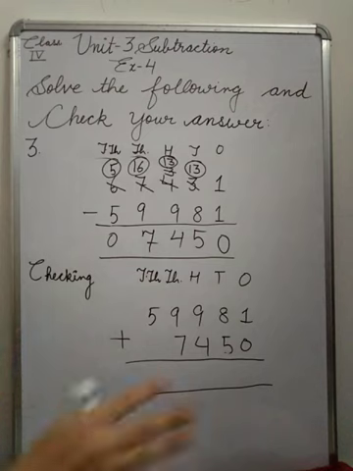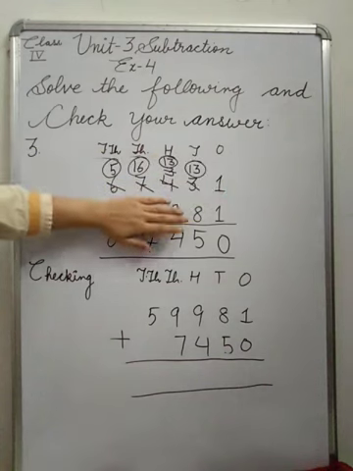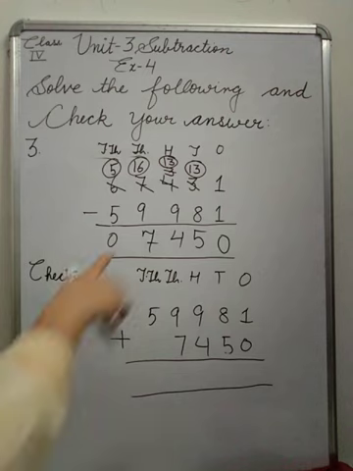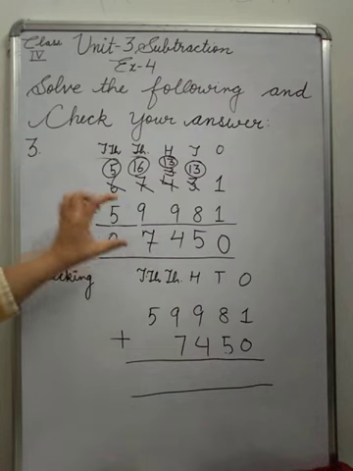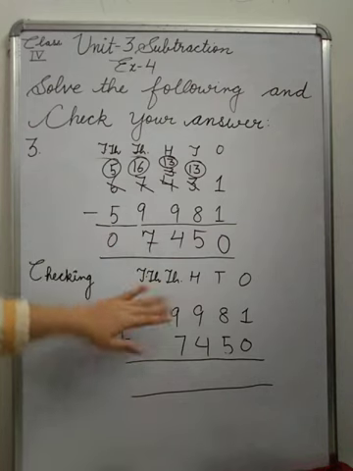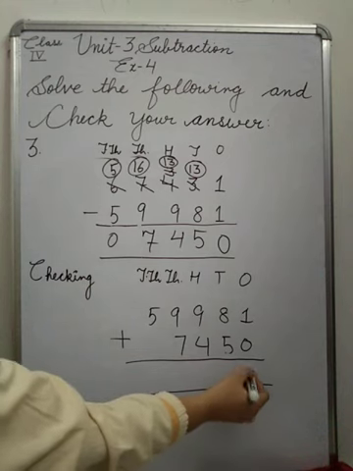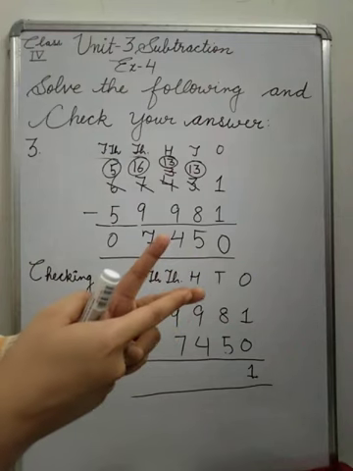See, here you don't have any kind of choice. What you do in checking: see the numbers which are here, these two in the lower part. This is the first portion, second portion, third portion. These two portions you have to add. That means the number you are subtracting from the bigger one and the answer you got, both of them you have to add, then you get the bigger one. Now see, 8 and 5, 13.